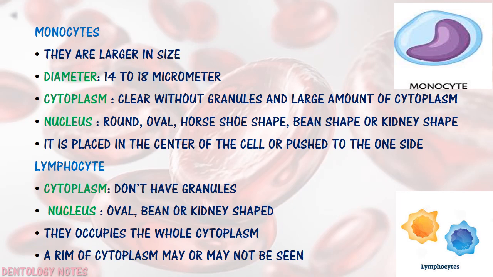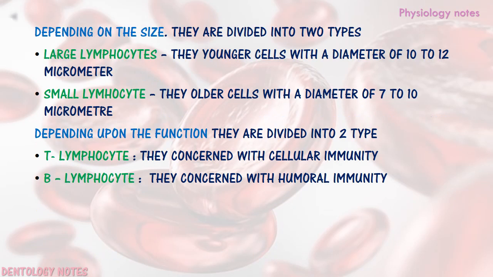Lymphocyte. Cytoplasm doesn't have granules. Nucleus oval, bean or kidney shaped. It occupies the whole cytoplasm. A rim of cytoplasm may or may not be seen, depending on the size. They are divided into two types.